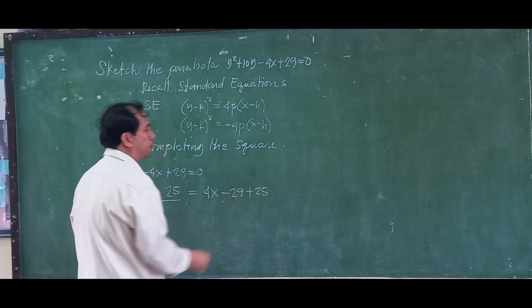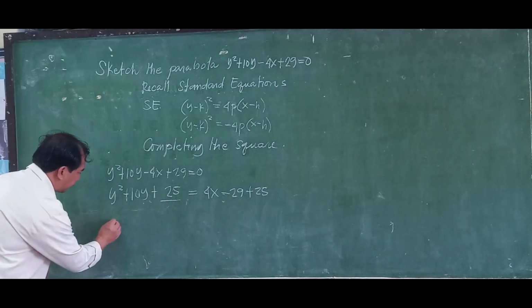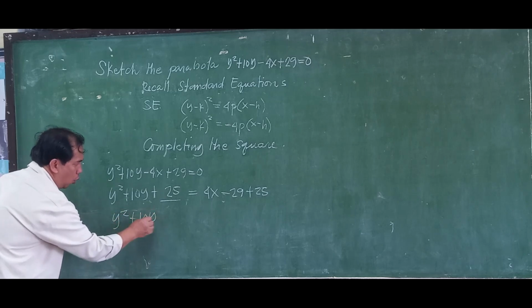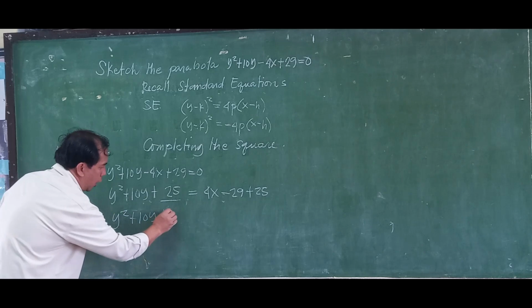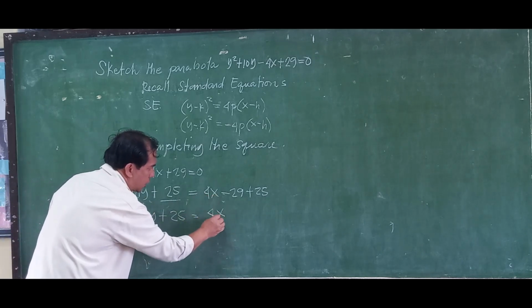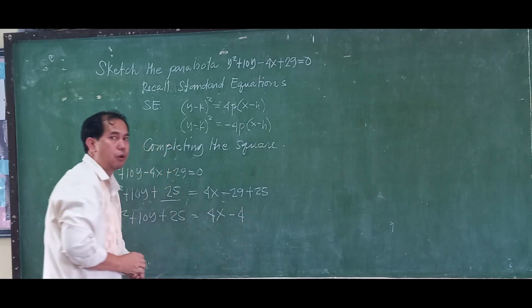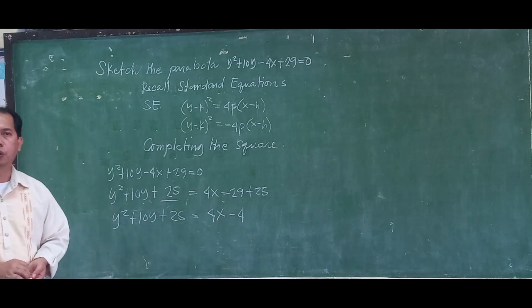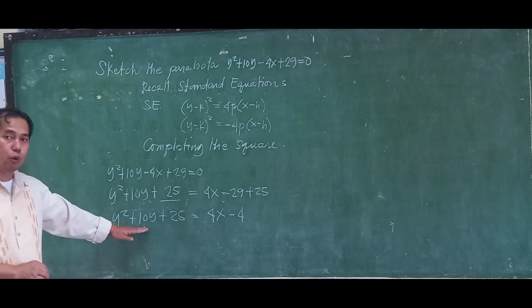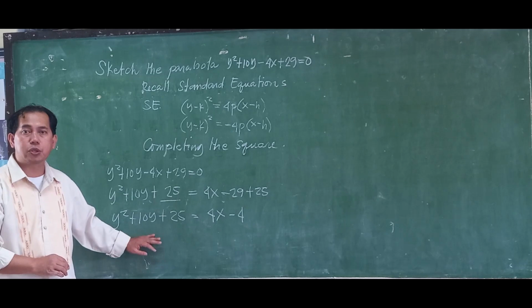Okay, 25. Now notice that we have now an equation y squared plus 10y plus 25 is equated to 4x minus 4. Okay, minus 4. Now, what is the next? Meaning to say, you convert this one into its binomial square.